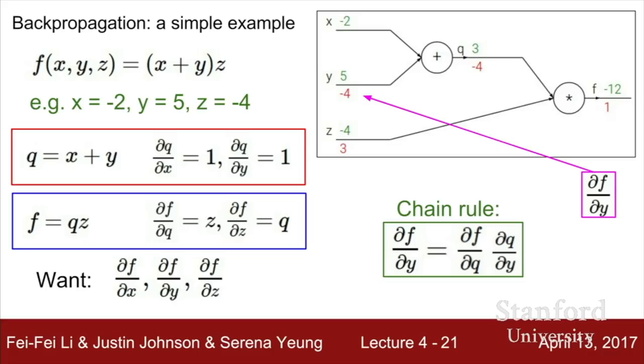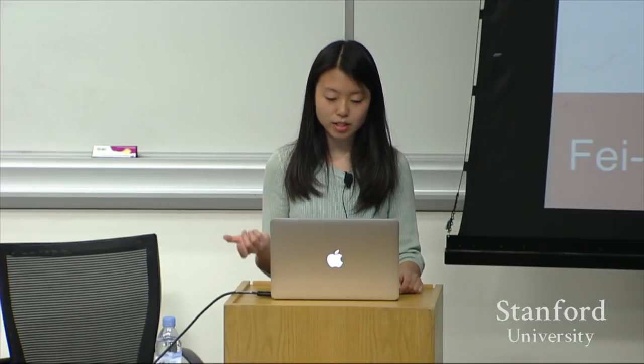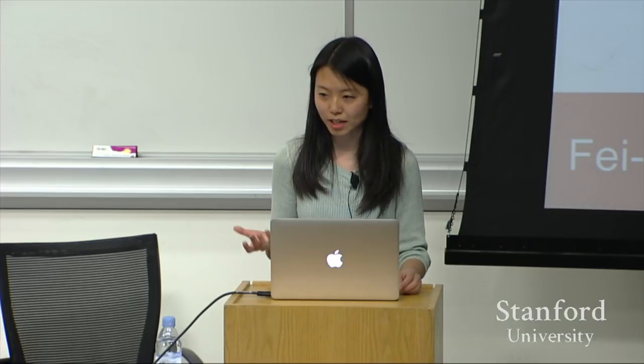The intuition of this is that to find the effect of y on f, this is equivalent to taking the effect of q on f, which we already know, df over dq is equal to -4, and compounding it with the effect of y on q, dq over dy. So what's dq over dy equal to in this case? 1. Right, exactly. So dq over dy is equal to 1, which means if we change y by a little bit, q is going to change by approximately the same amount.